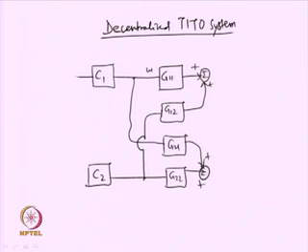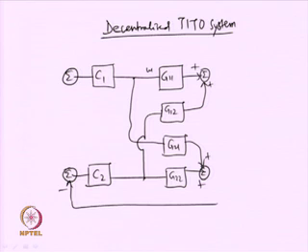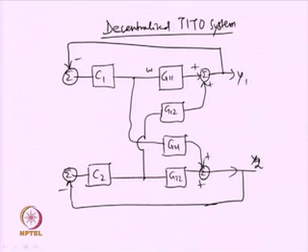With these controllers we can have the closed loop system shown as this: this is y2, this is y1, negative feedback and set values S1 and S2. So, this is how I develop a decentralized TITO system with two controllers in the loop.